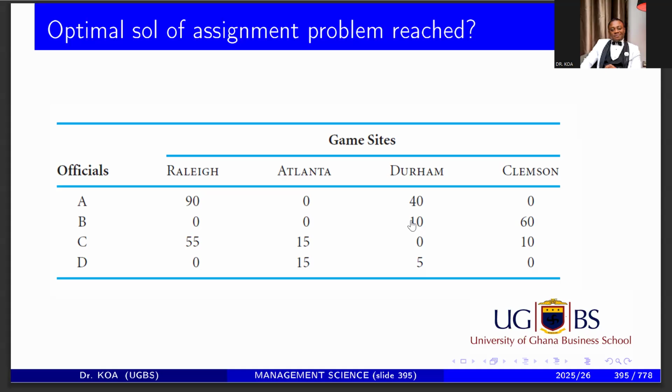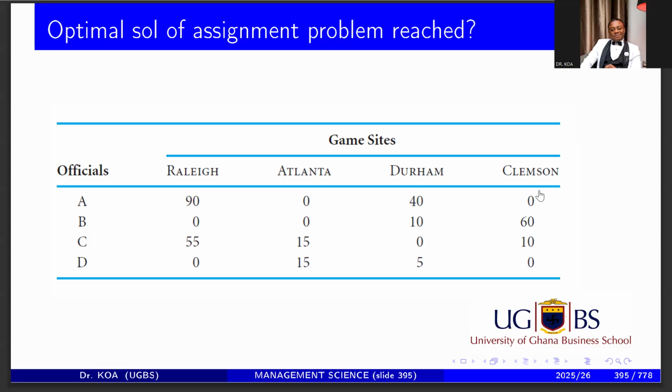Is that what it means? Wait, I get your point. I got your point. Let me see. Yes. It's important to assign officials A to Atlanta because it has a 0 value there. But then Clemson also has a 0 value there. So the question is, why don't you assign Atlanta to Clemson?